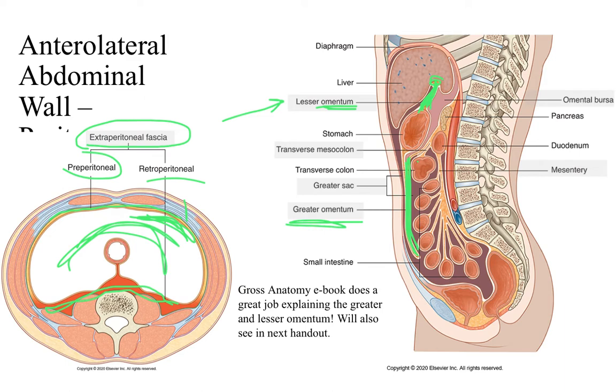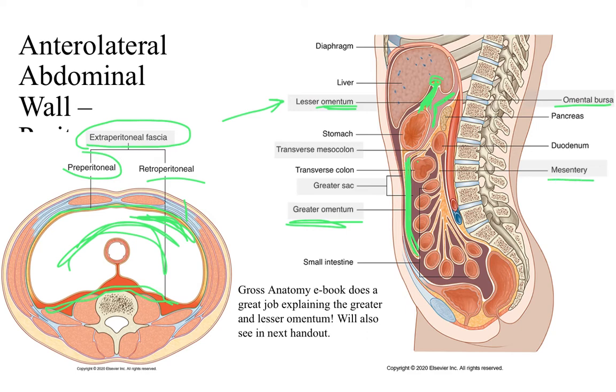All right, then we have omental bursa, and omental bursa is a small space between the lesser omentum, the liver, and the stomach. So it's basically a hollow space that's formed by the lesser omentum and the organs that surround it.